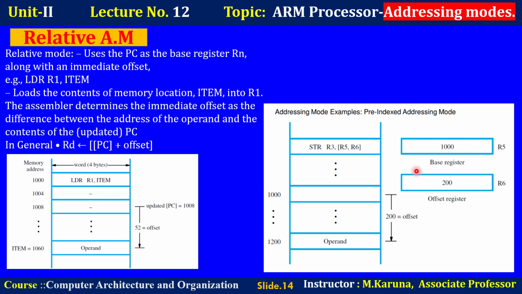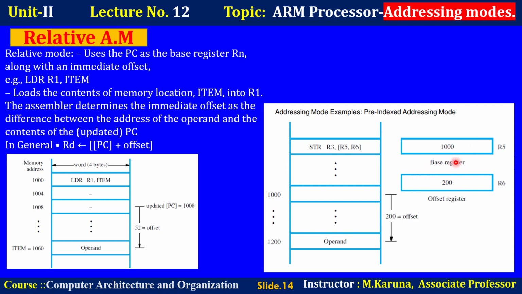After generating the effective address, whatever data is present in R3 will be transferred to the memory location at 1200. Likewise, data can be transferred with the help of relative addressing mode by updating the PC content. Here R5 acts as a PC register.